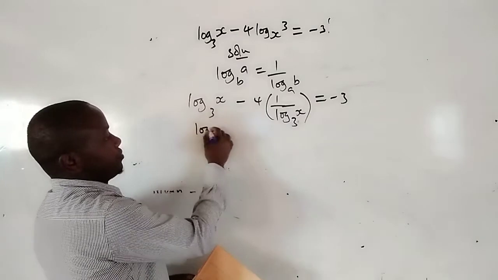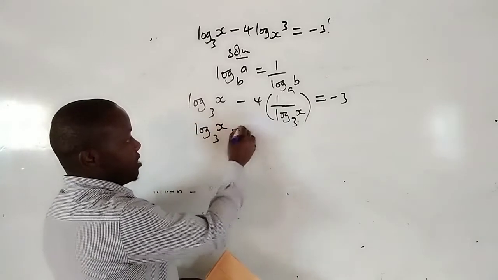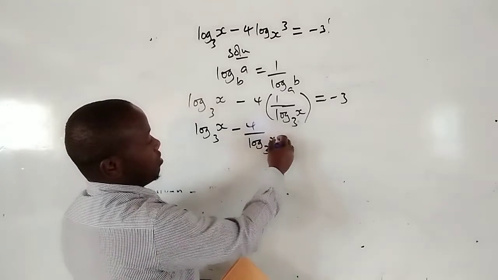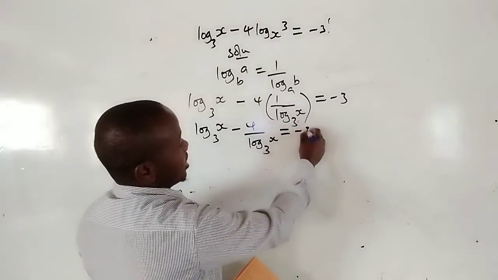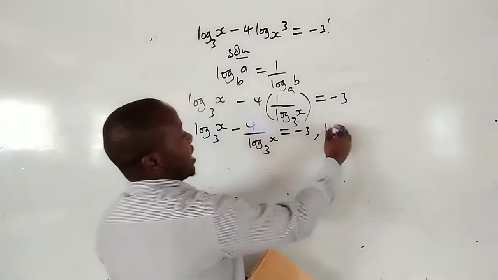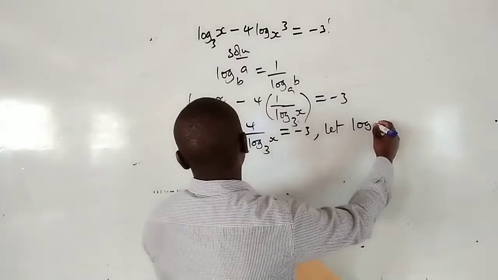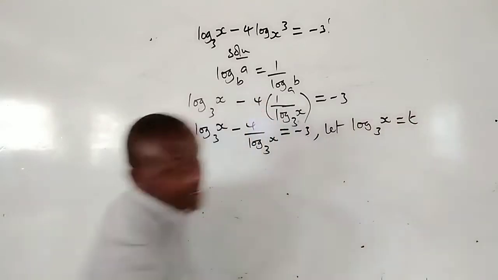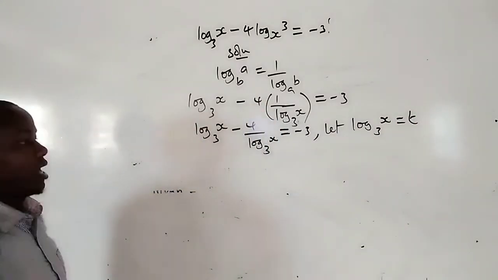So the log of x to base 3 minus 4, all over the log of x to base 3, is equal to negative 3. With this, we can let the log of x to base 3 be something like t, any unknown like t.